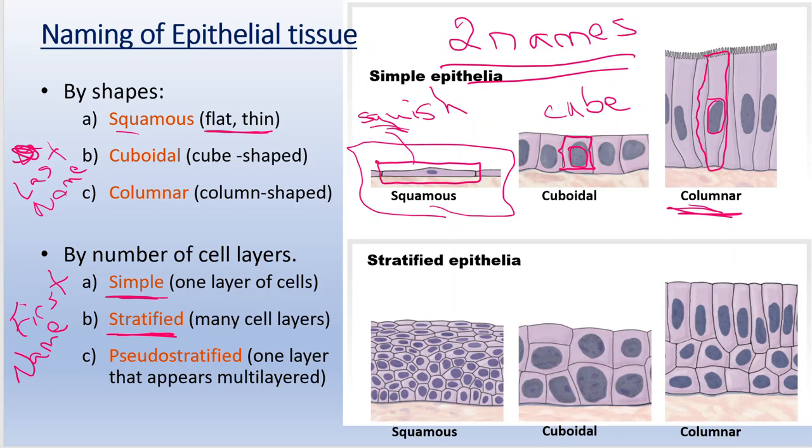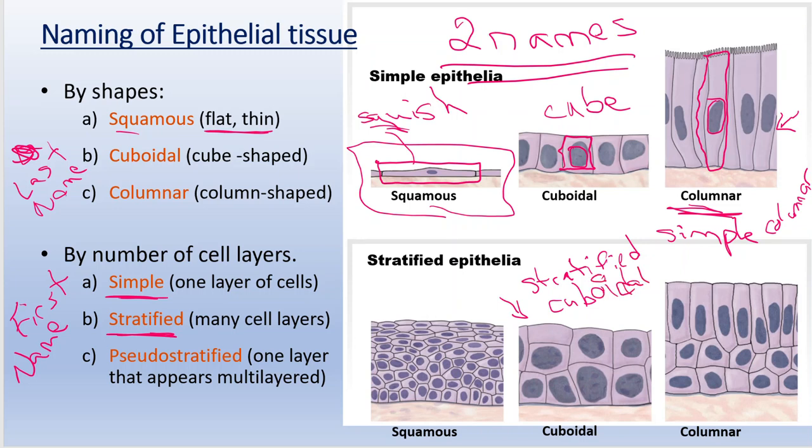If I am 1 layer thick of column cells, then I am called simple columnar. If I am, like in the example here, multiple layers of cuboidal shaped cells, then I am stratified, which means multiple layers, cuboidal, because my cells look cube-shaped.